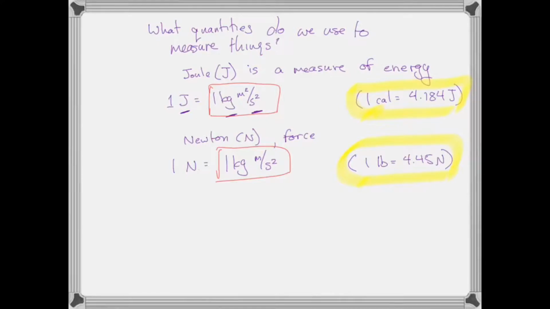So every unit, this is the key here to what quantities we use to measure things, is measured in terms of a mass, a distance, and a time. You give me a unit, I'll give you the equivalent in terms of mass, distance, and time.